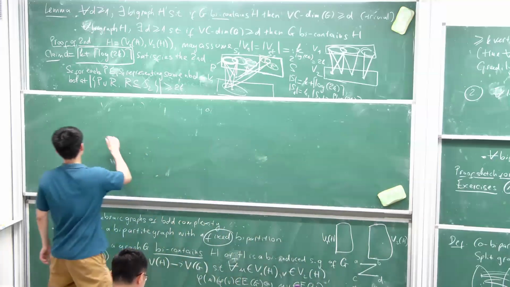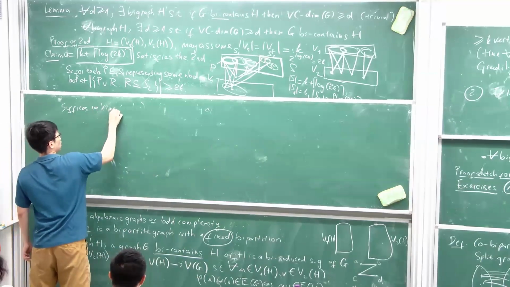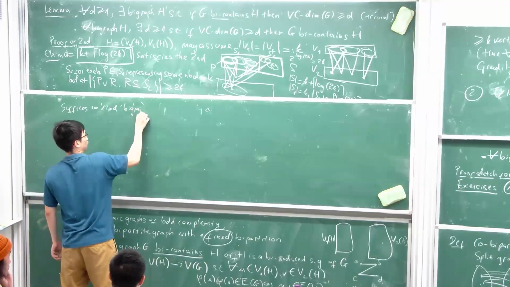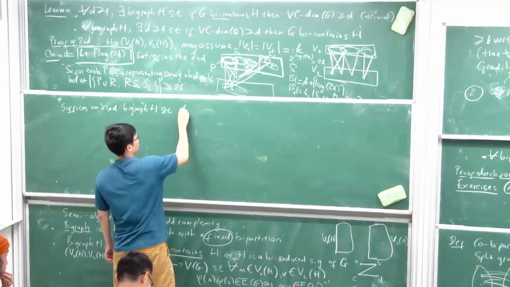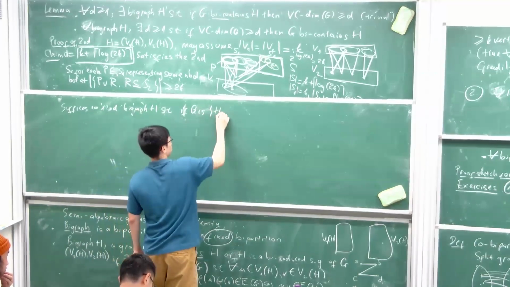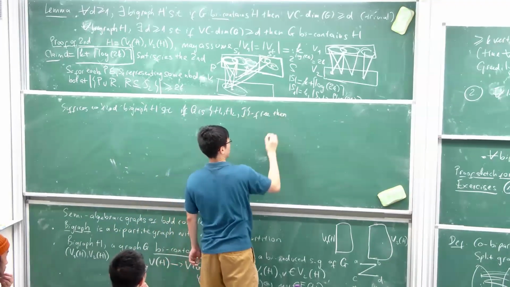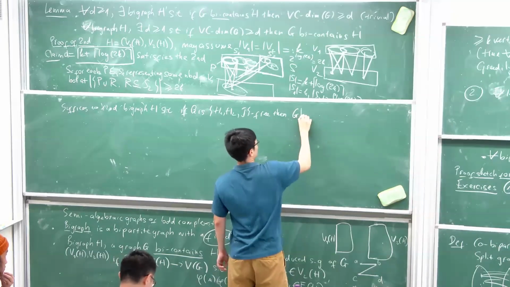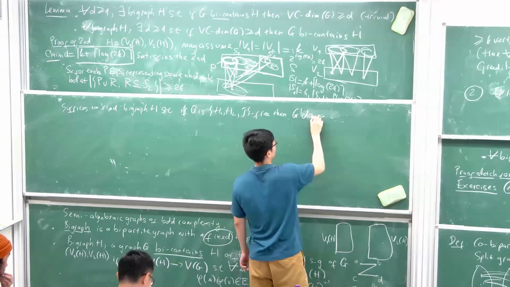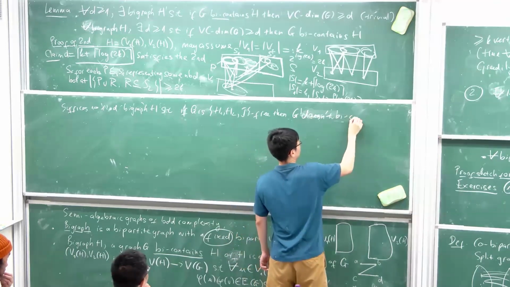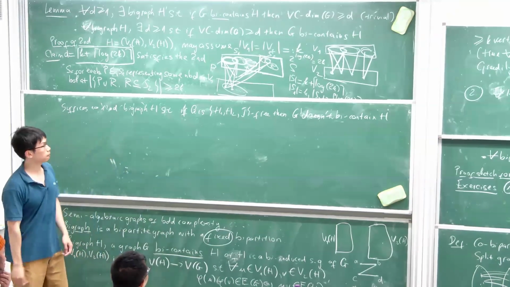So it suffices to find the bigraph H such that, in other words, if G is H1, H2, J3-free, then G has no bigraph H.